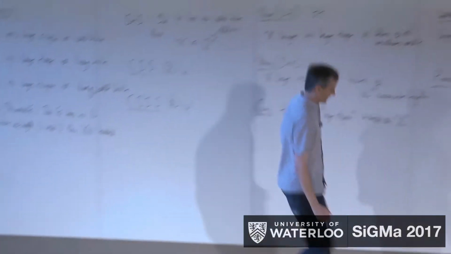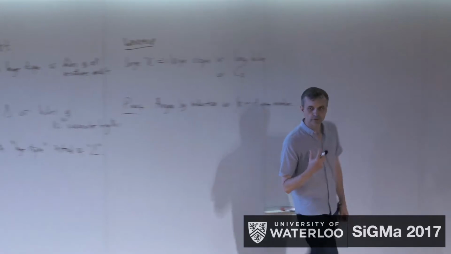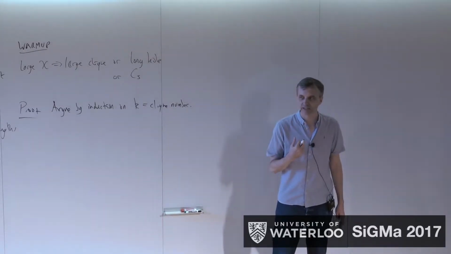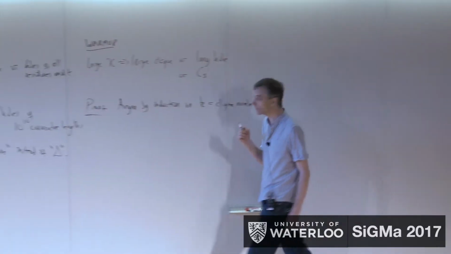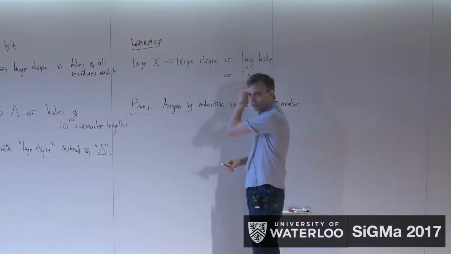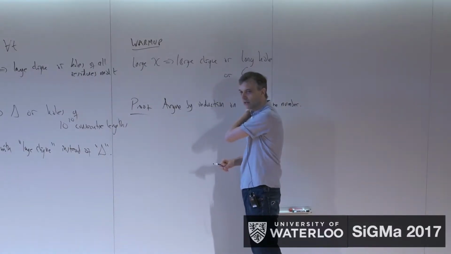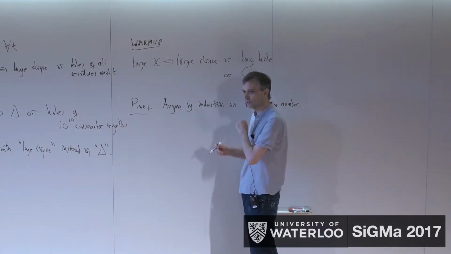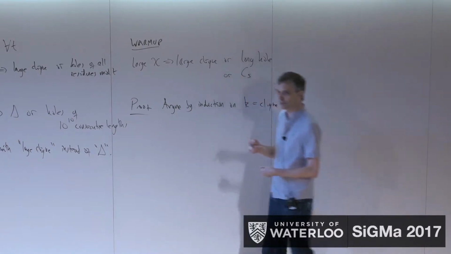Okay, so I should have said, I'm going to be informal in a certain set of ways, a kind of precise set of ways. So long means you choose how long it is. So you can state all this properly with all the correct quantifiers in place.